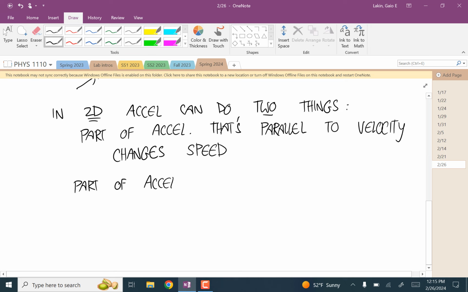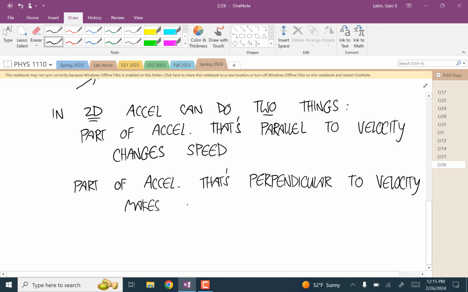So the part of the acceleration that's perpendicular to the velocity makes the object turn.